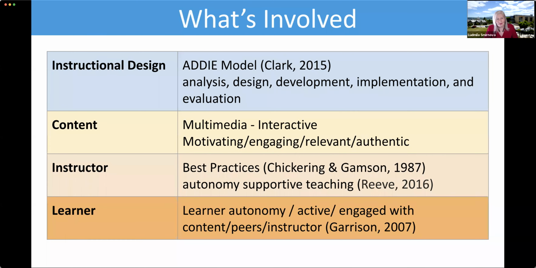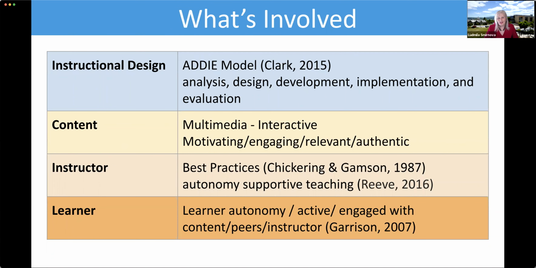And the learner is involved too. How autonomous is the learner? Are learners prepared to be online? Are they independent learners? Because online teaching requires students to be independent learners. If students don't know how to learn, the teacher works twice, to equip students with those skills and also teach content.